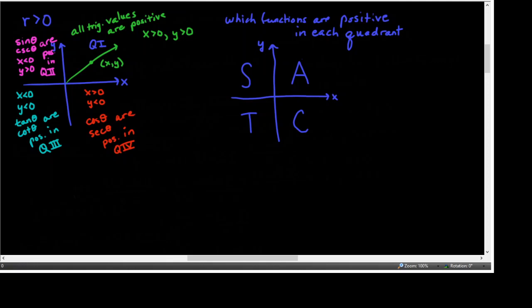So the way to remember this is if you go through from first to second to third to fourth quadrant, it's a public relations announcement for the day. All students take calculus. Isn't that silly?